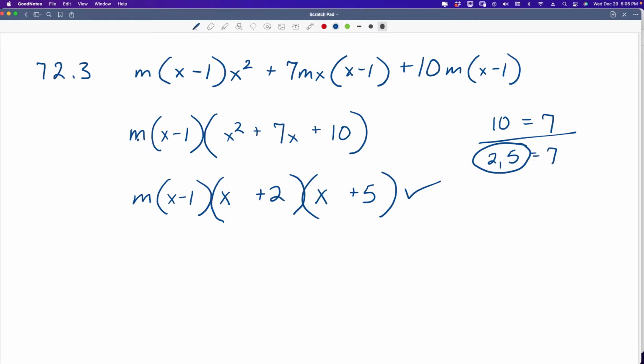And that left us with m times (x minus 1) times (x squared plus 7x plus 10). So then we factored this trinomial. So we did our two sets of parentheses after we wrote the prefix here. And we said that the factors of 10 that give us 7 are positive 2 and positive 5. So m times (x minus 1) times (x plus 2) times (x plus 5) is the correct answer.